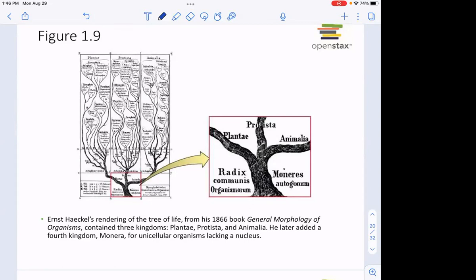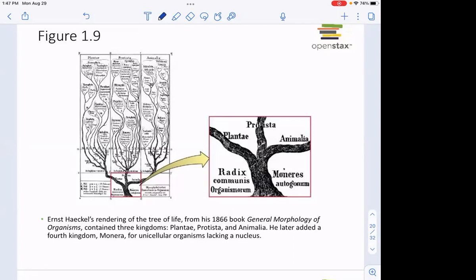Okay, again, this is mid 1800s. Their microscopes are getting better. They could see there are all these protozoa moving around. So he said, let's add the protist kingdom. And then later on, he added the Monera kingdom, which basically is what we would call prokaryotic organisms.